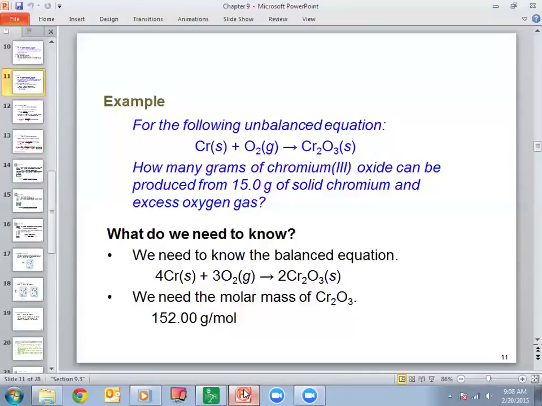Yeah, there's two of them. I think we just have to know the molar mass of that and then times that. What are we trying to get? Oh, yeah, because it's two of those together.